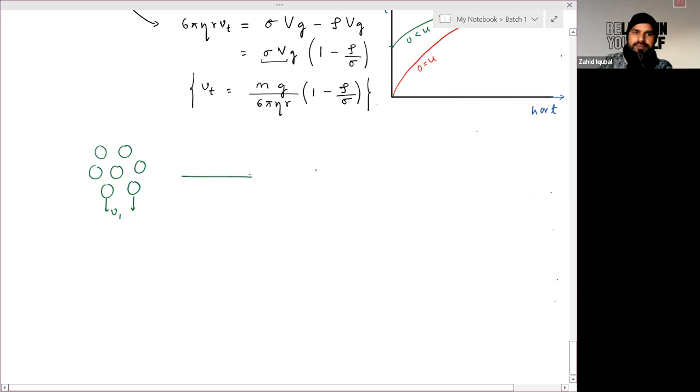If they combine to form a single large drop, what would be the terminal velocity for this single large drop? We have to calculate it. Combination of raindrops.